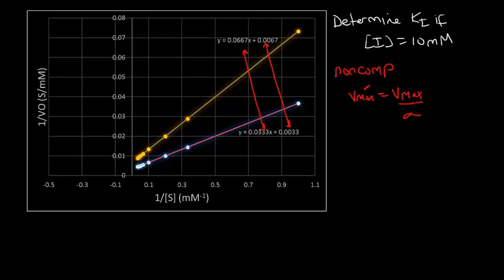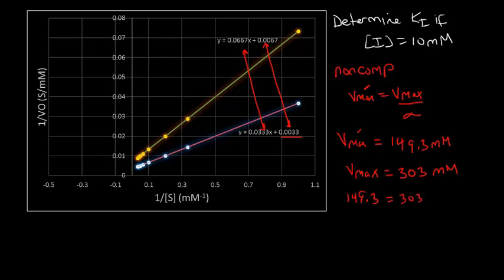So for the inhibited reaction, so Vmax prime, it's 1 over our slope, which is 149.3 millimolar. The Vmax for the uninhibited reaction is 1 over this slope, and this is the same as we saw before, 303 millimolar. So 149.3 equals 303 divided by alpha.